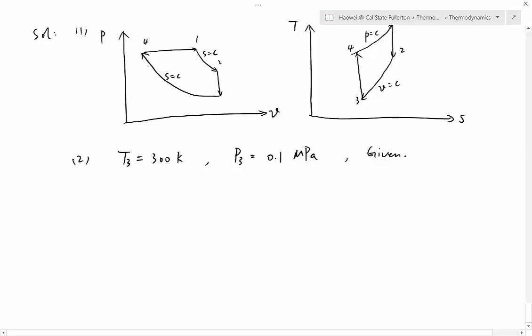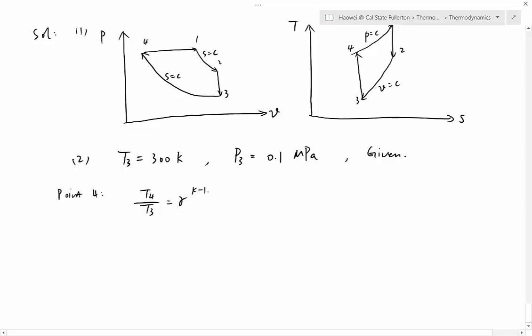Which point do you want to move on to? Probably number 4. Why? Because 3 to 4 is isentropic, and for isentropic, we have additional equations. So next, we move on to point number 4. The equation we have is T4 over T3 equal to gamma to the power k minus 1.